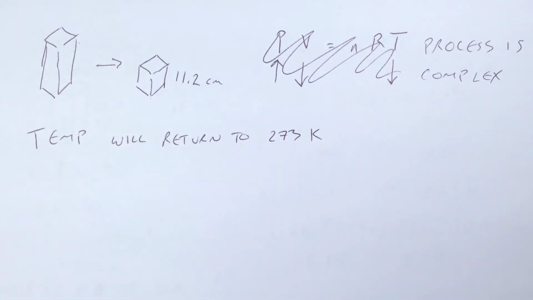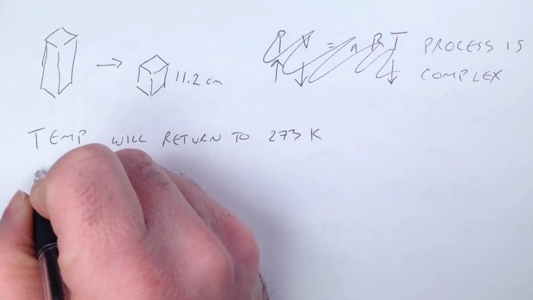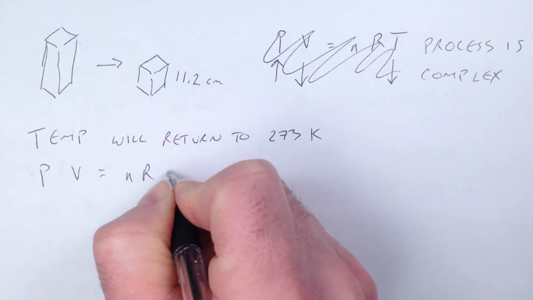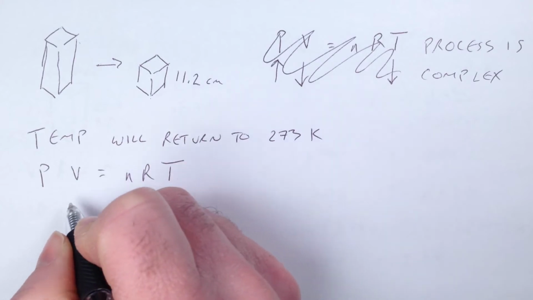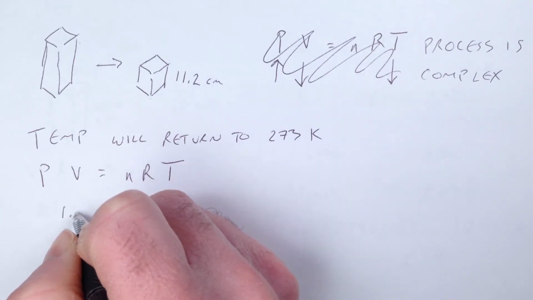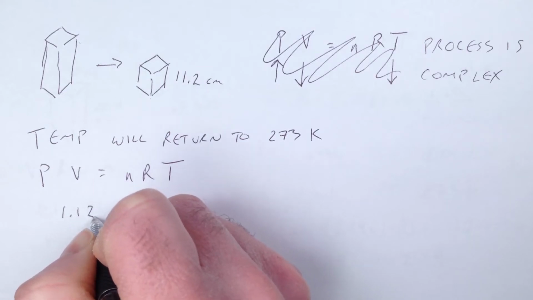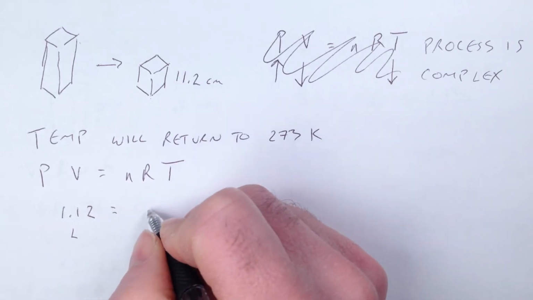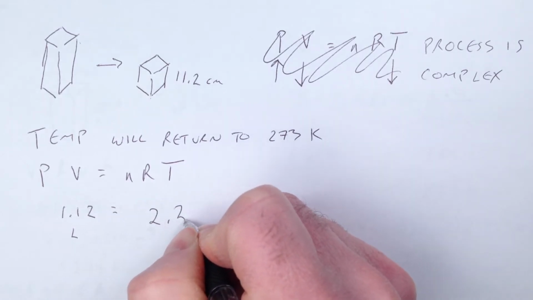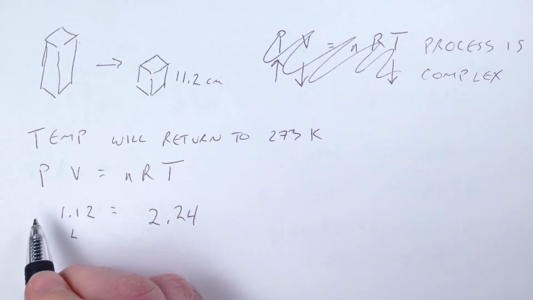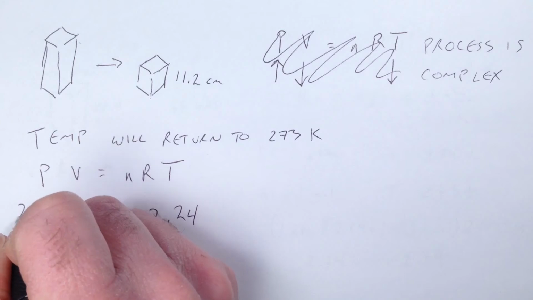I've made this so the math won't be too difficult, so hopefully you don't mind if I speed through it. If PV equals nRT, and the volume is now 1.12 liters, and everything over here is the same as it was before, well, the only number that can belong here would be 2.